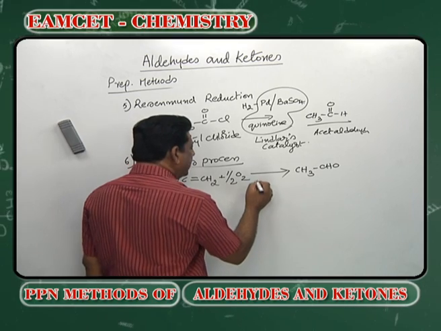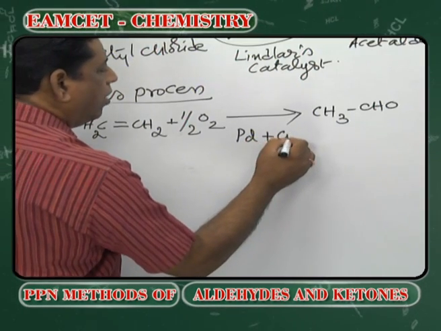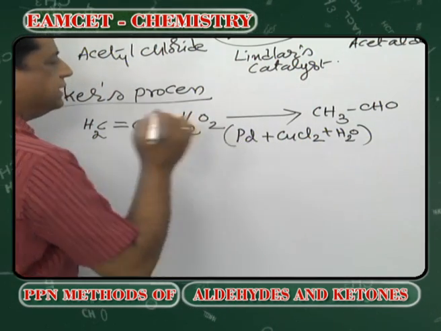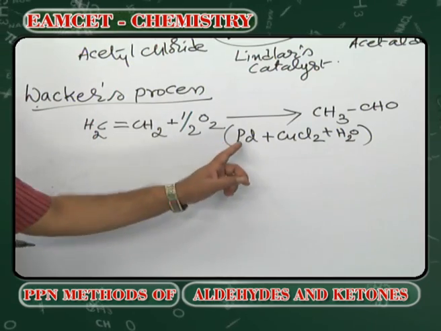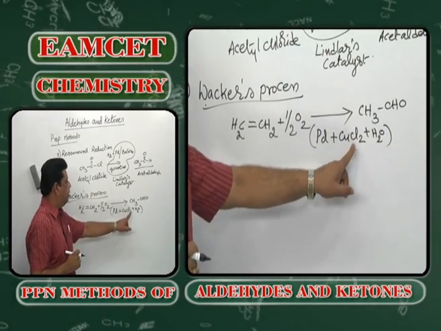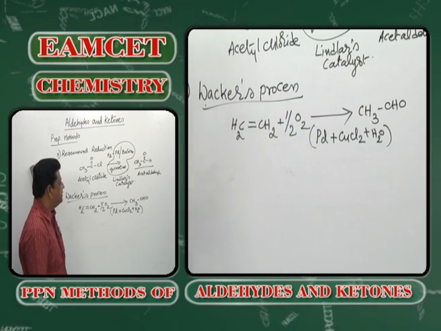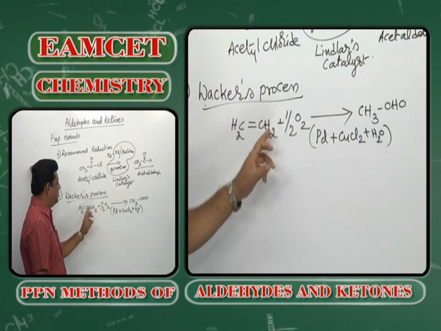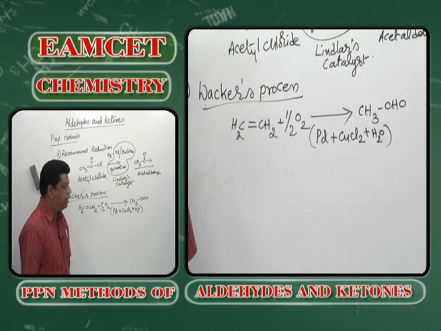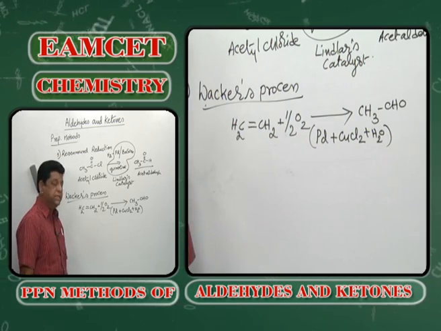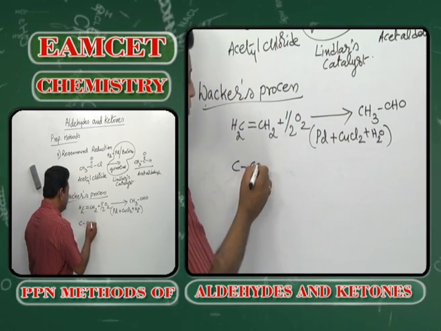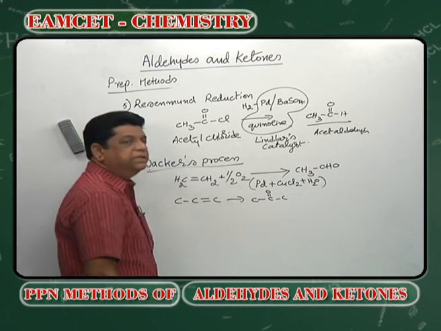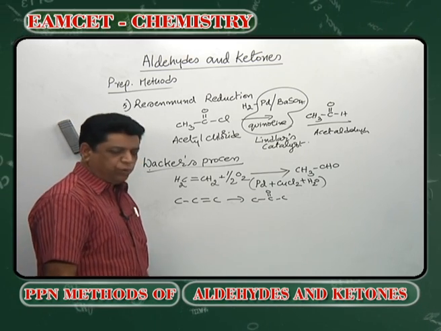You need a palladium catalyst, a copper chloride catalyst and water. All these three work as catalysts, and the half O2 is adjusted in a balanced equation. This is a commercial process. If the alkene is propene, you get propanone also. So the method is applicable for acetaldehyde as well as acetone.